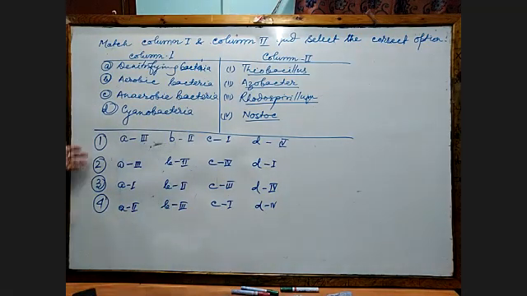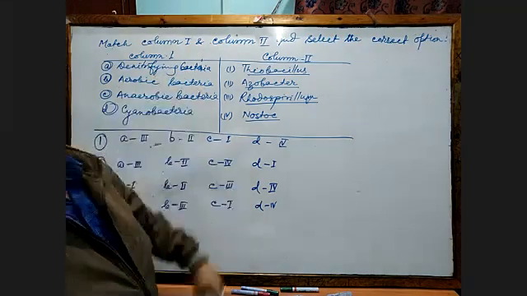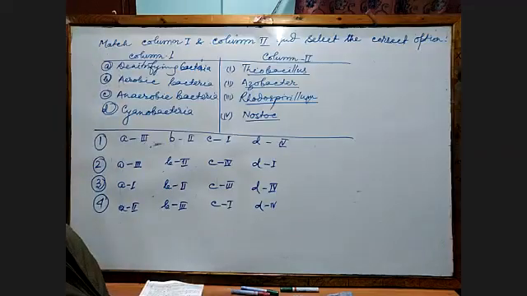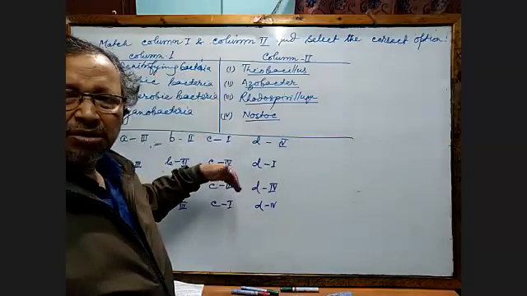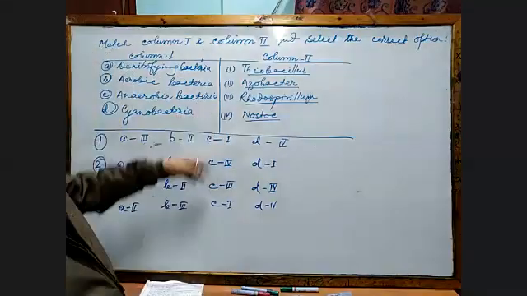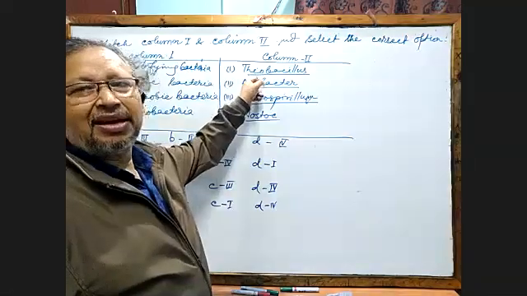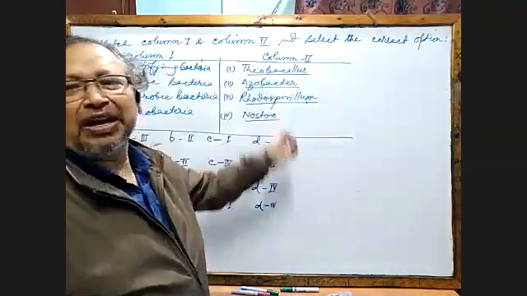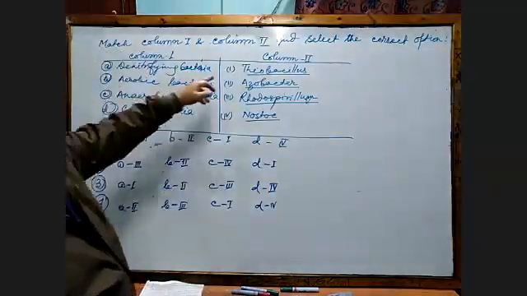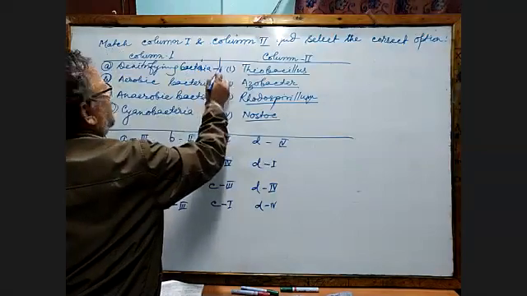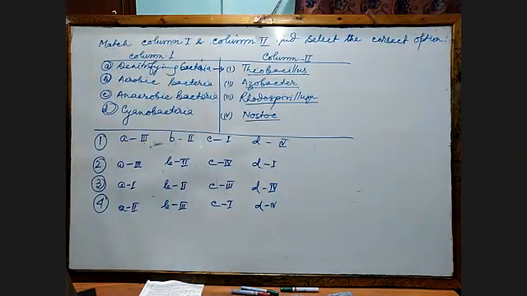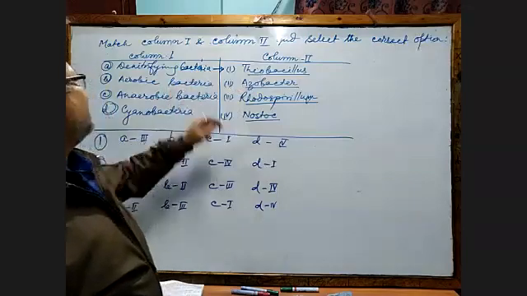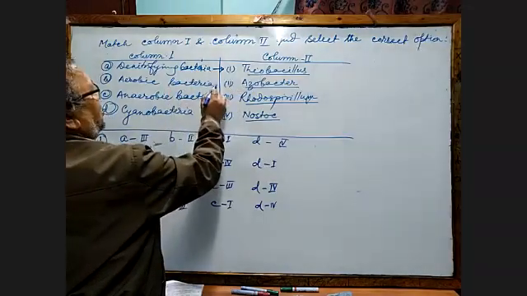Okay, so from here we have to select the correct match. In a previous question, we have learned that Thiobacillus is a denitrifying bacteria. This converts nitrate into free nitrogen. So this one is matching with this. Azotobacter is aerobic.